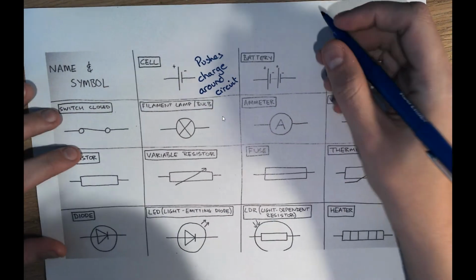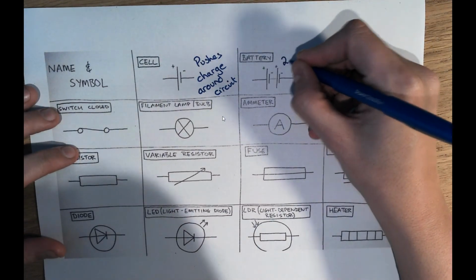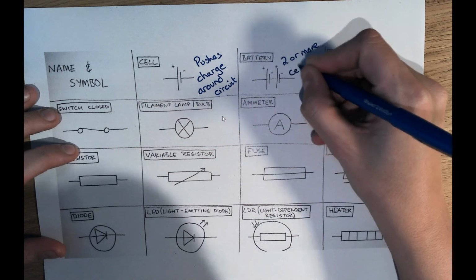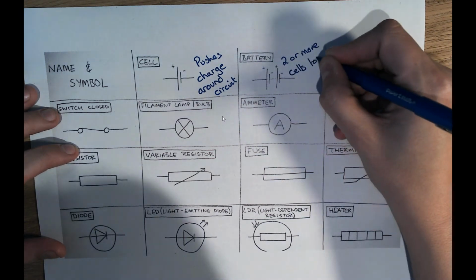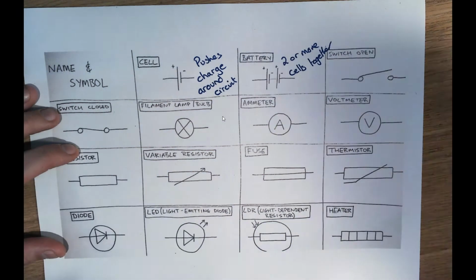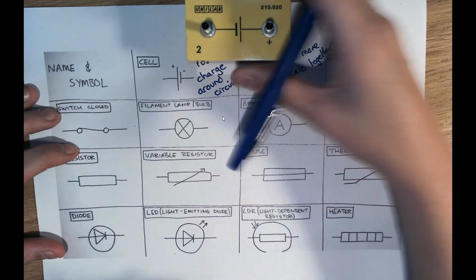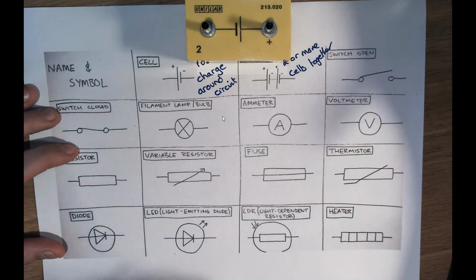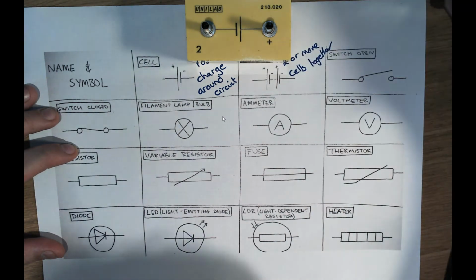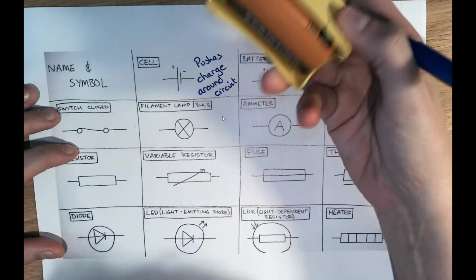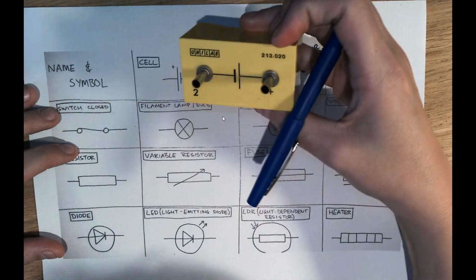The battery is 2 or more cells together. And you will have seen these in school before. So when you used these back in Year 8 and made little circuits, that is what you were using. We call these cells. Okay, and this is where we've simply got a battery together.